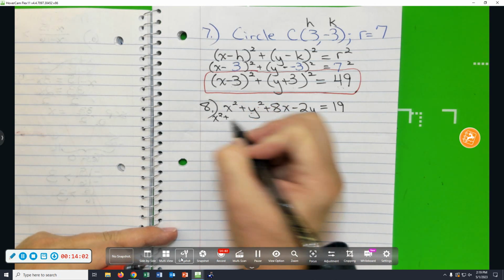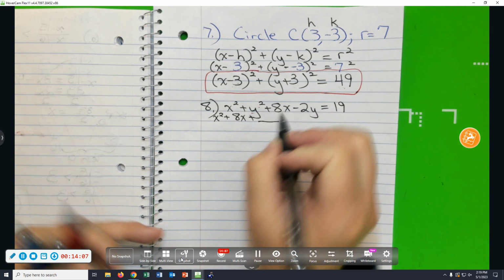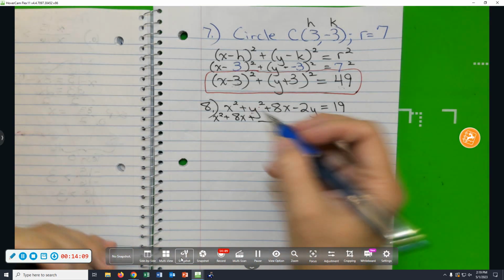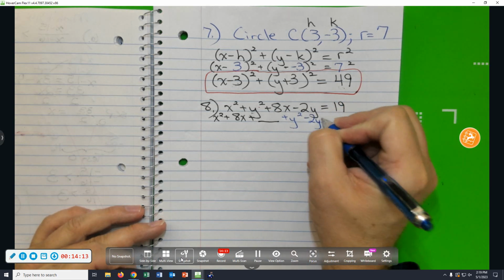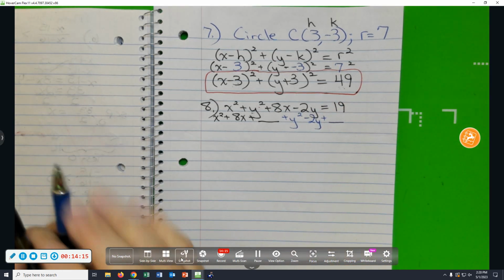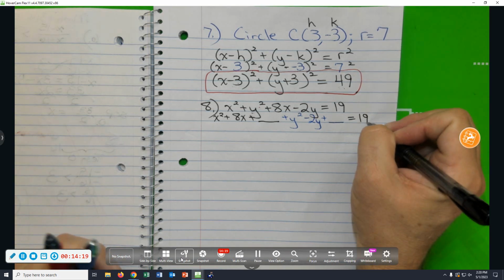X squared plus 8x plus, and we'll skip some space. Then we have the y squared minus 2y plus, skip some space. And we have that 19 on the right-hand side.